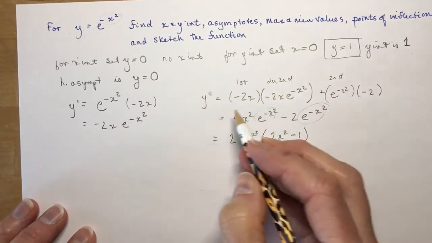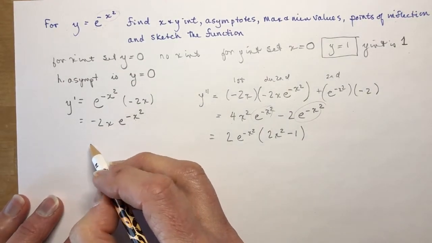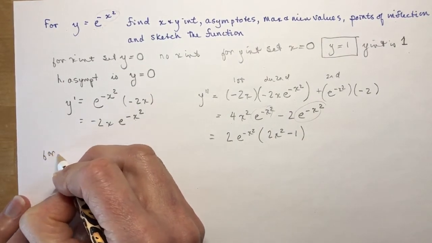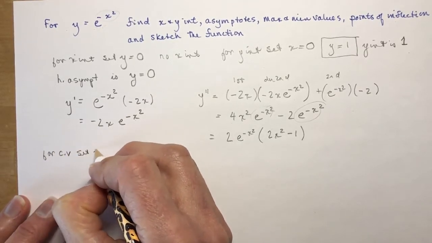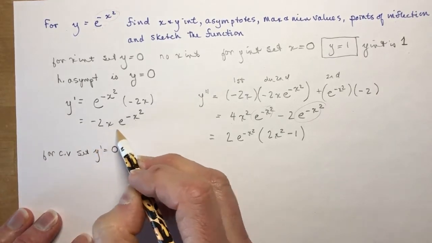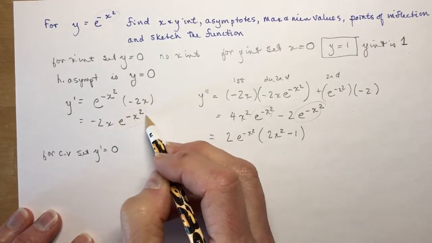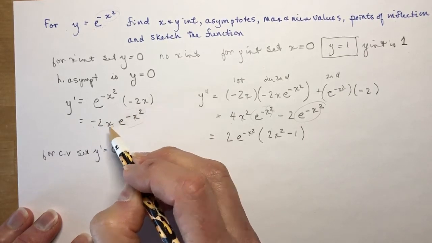Okay, so now that I've got my derivatives, I want to find out the critical values. So for critical values, remember this is like max or mins, set y prime equal to 0. And to make this 0, remember this is always positive, so the only thing that will make this 0 is minus 2x.